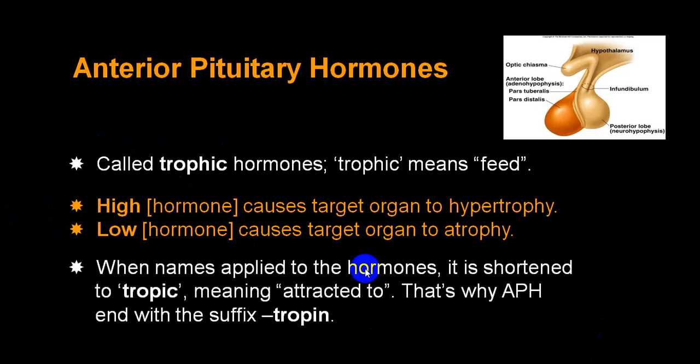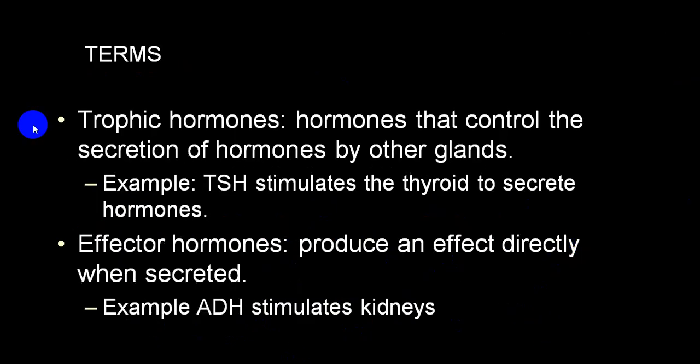The name applied to the hormone is shortened to tropic, meaning attracted to. That's why anterior pituitary hormones end with the suffix tropin, such as corticotropin and thyrotropin. Trophic hormones is the term utilized, and they act on target endocrine cells and stimulate them to secrete their hormones.